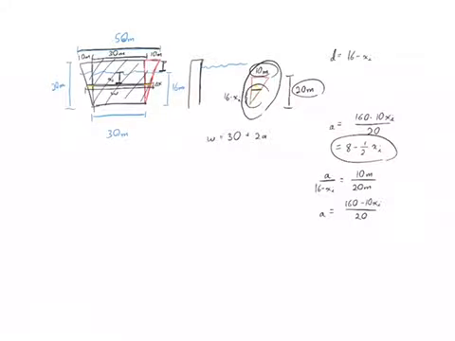So we can then simplify this equation here by saying that W is equal to 30 plus 2 times (8 minus 1/2 xi), and then we can further simplify it as such.